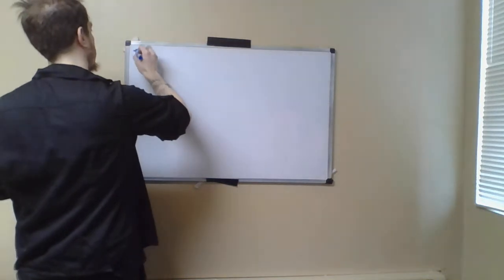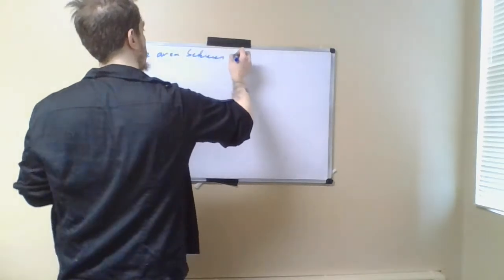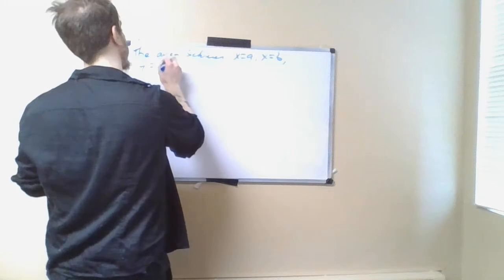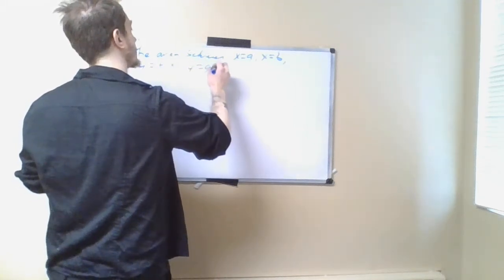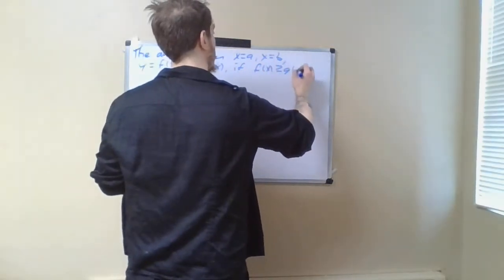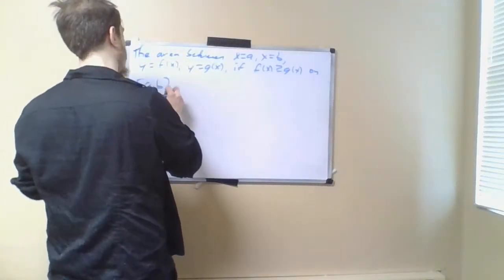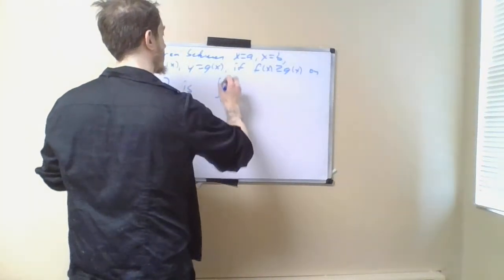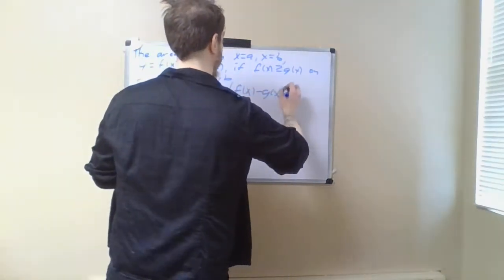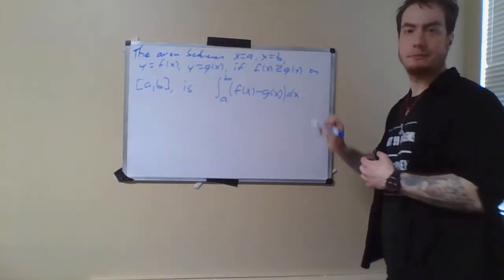So the area between x equals a, x equals b, y equals f of x, and y equals g of x, if f of x is bigger than or equal to g of x on the interval from a to b, is the integral from a up to b, f of x minus g of x. So that is what we just proved.